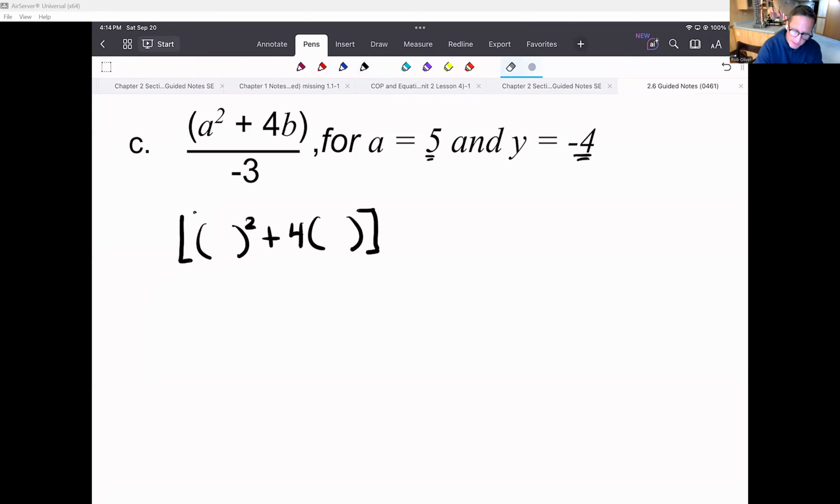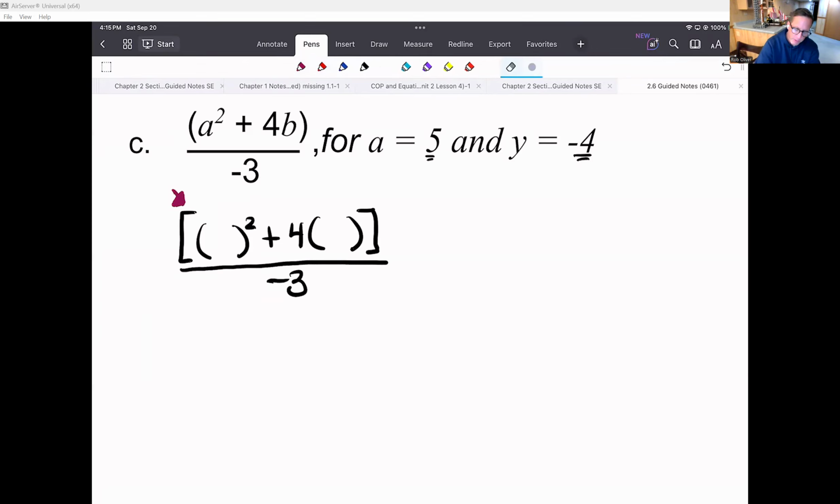If you're ever grouping something that's already in parentheses, you could use parentheses around parentheses, but it's not a good look. I'm trying to keep it so that it looks good. So I'm using brackets, and then I'm going to put -3 here as the denominator.